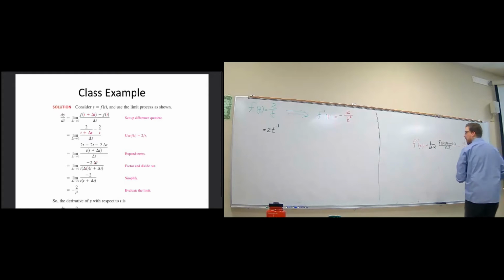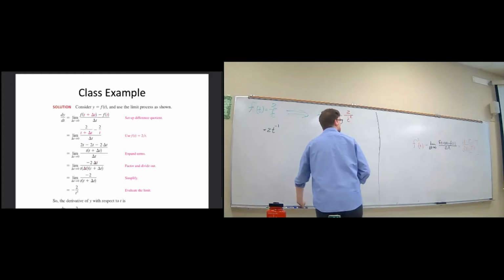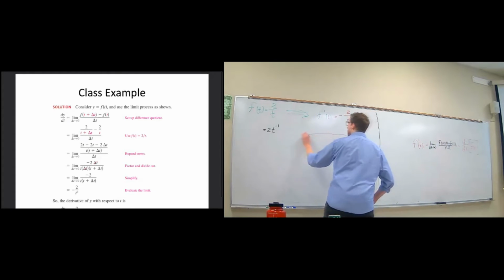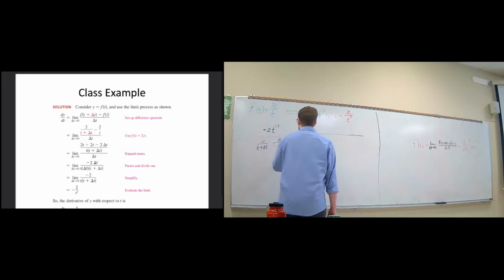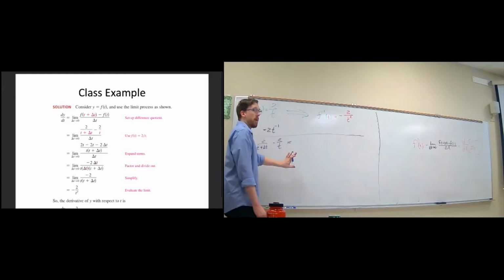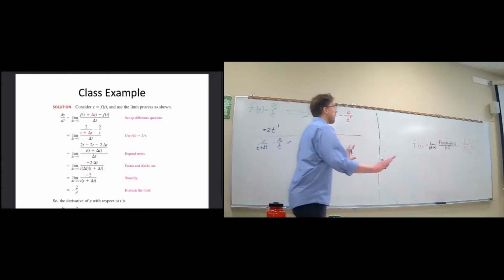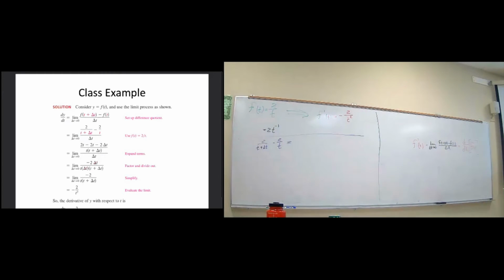Multiply by 1. So what am I saying? I'm saying to take 2 over t plus delta t minus 2 over t. I'm just working with the numerator here right now, okay? I'm not dealing with the entire fraction, just this numerator here. All right.